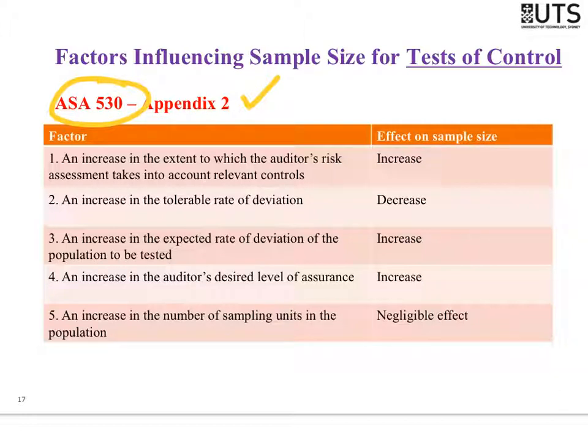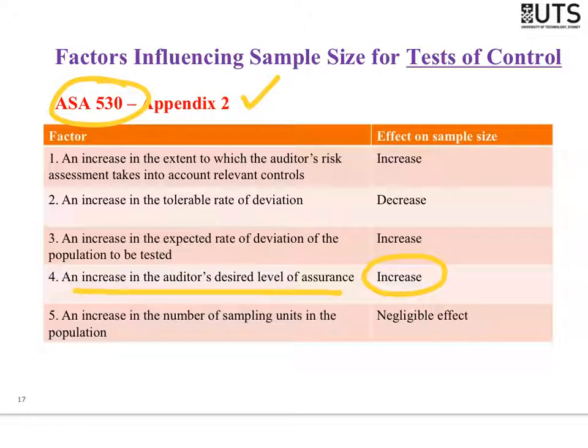For example, an increase in the auditor's desired level of assurance from the controls testing. If we want to be more confident in the results of our controls testing, we'd pick a bigger sample. A lot of these make a lot of logical sense as you go through them.